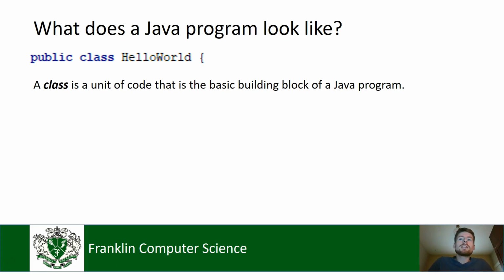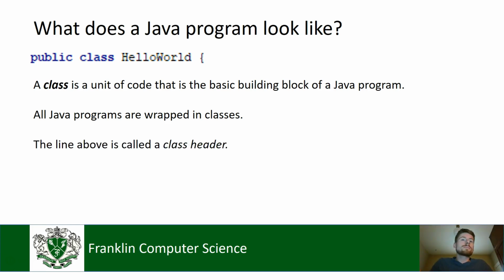But the word class we can get at right away. The class is a unit of code that's the basic building block of a Java program. So basically, all programs are going to be encased in these classes. It's going to wrap around all programs that you want to write.